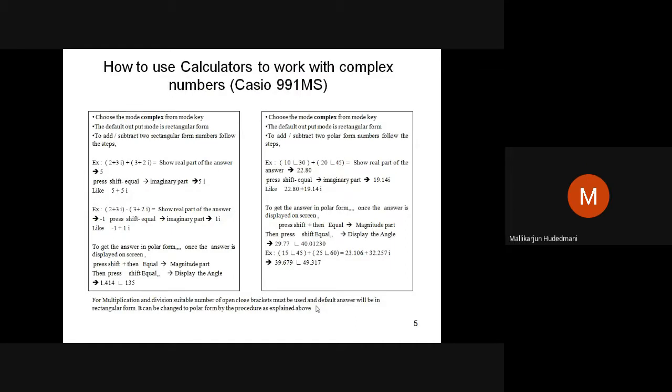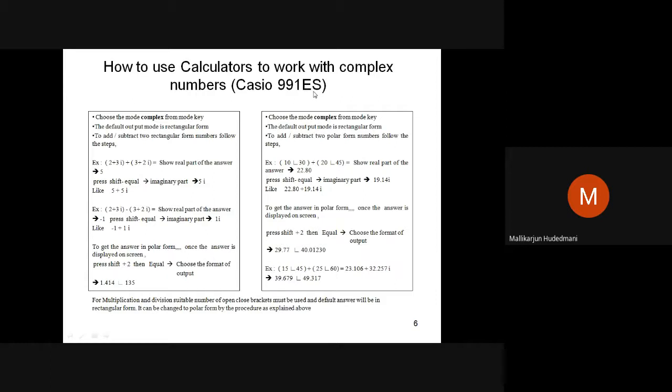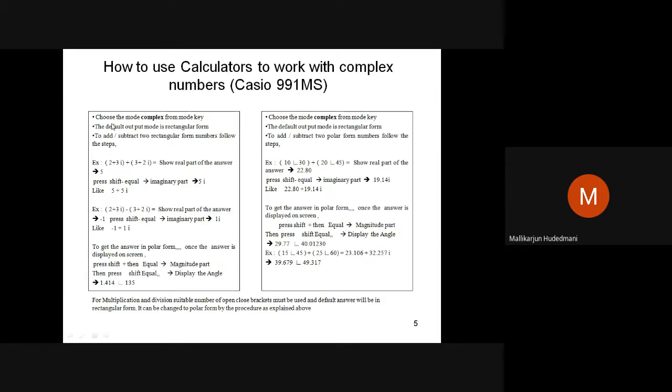Whichever you are using, 991 MS or 991 ES, it's very simple. How to do addition, subtraction, multiplication, division of quantities, this was a sample trial being done. I have shown you in the particular model 991 MS or 991 ES, whichever calculator you have. What you are supposed to do? Hit the mode key till you find complex display on your calculator mode.